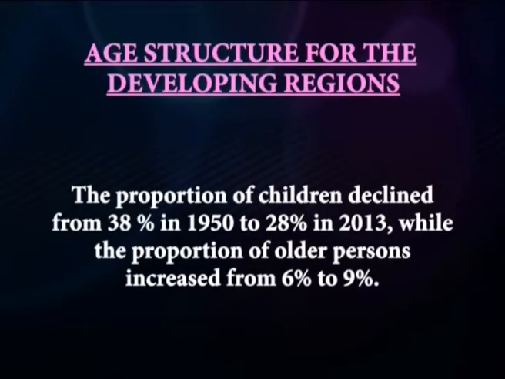Until 2013, population aging had been considerably slower in less developed regions where fertility has been still relatively high. The proportion of children declined from 38% in 1950 to 28% in 2013, while the proportion of older persons increased from 6% to 9%.